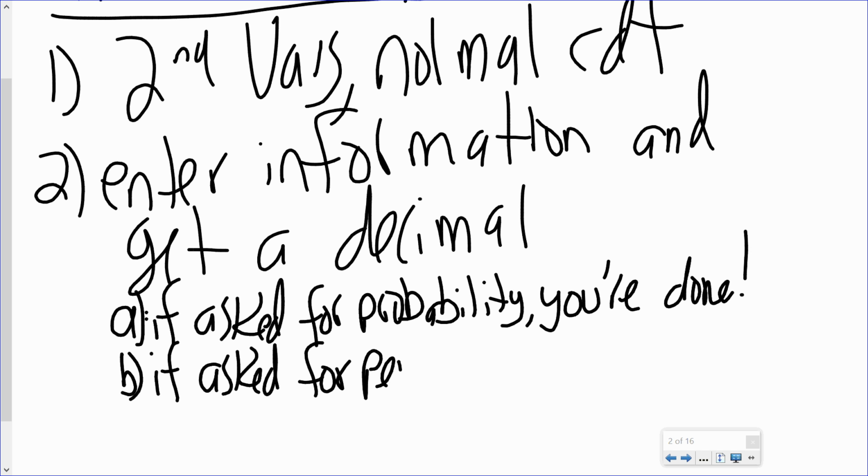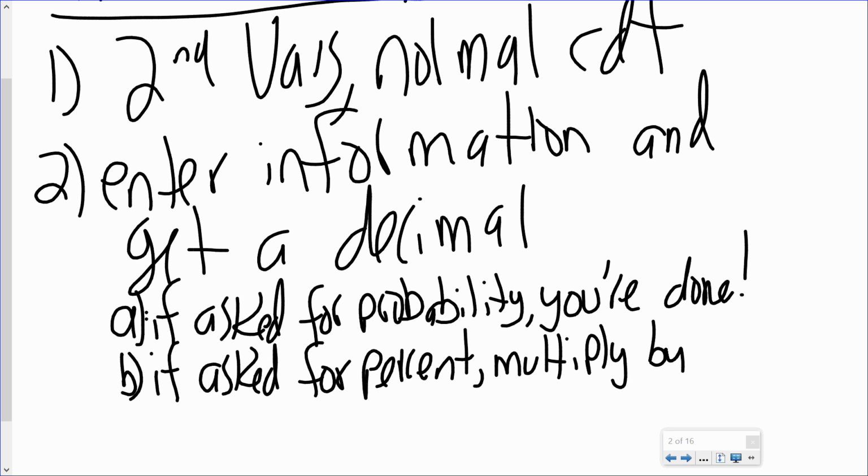If asked for percent, well, this goes back to 7th grade. If you want to turn something into a percent, then you multiply by 100.